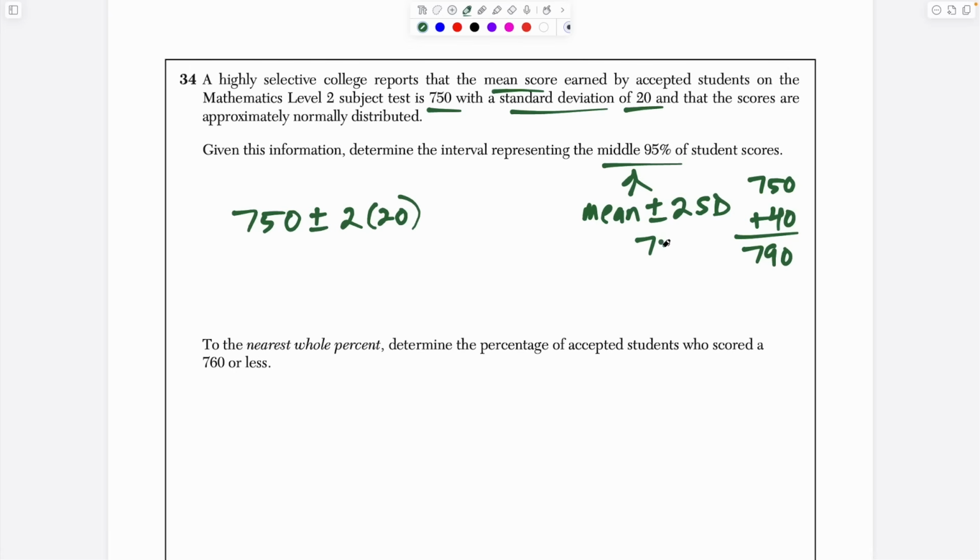And we're also going to do 750 minus 2 standard deviations, so minus 40 as well, which gives us 710. So our interval is going to be from 710 to 790. This is the interval that represents the middle 95%.